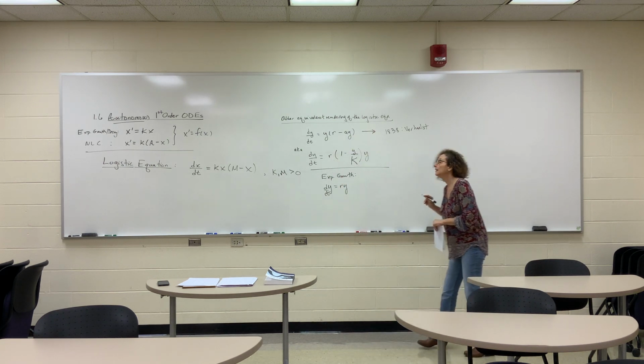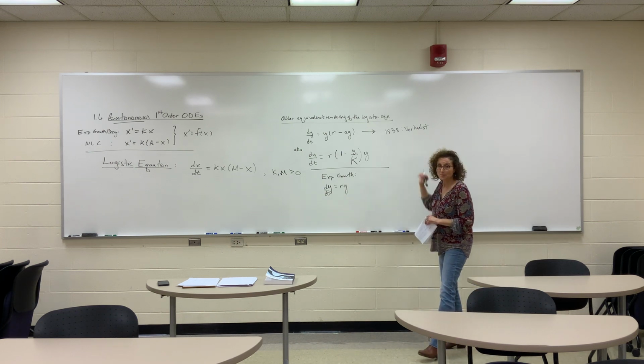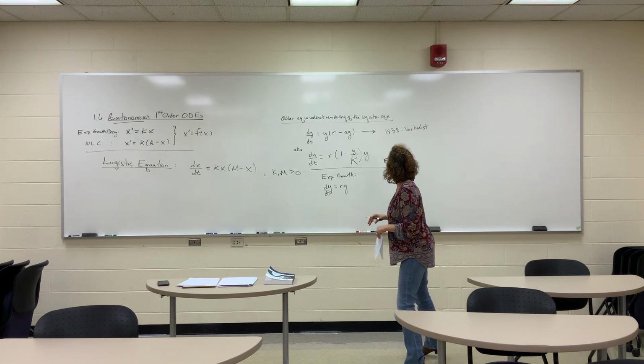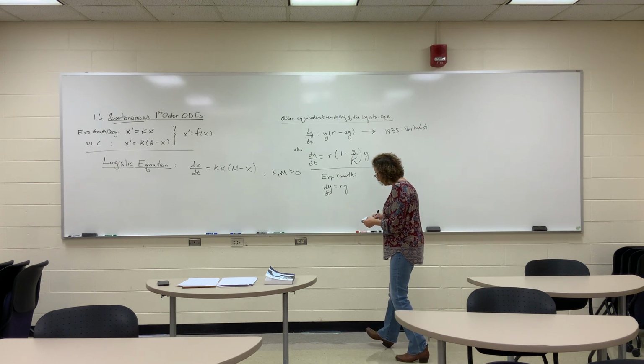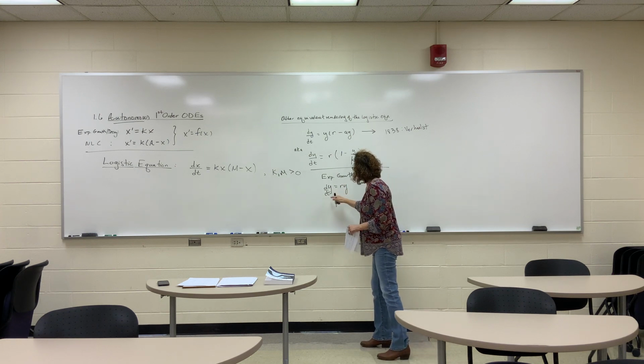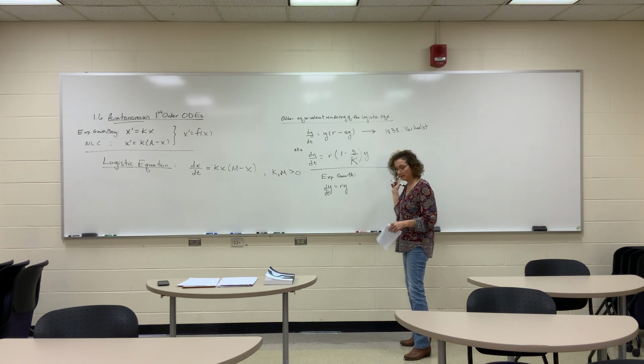You can see a lot more about this in the Boyce and DiPrima reference that's also in the book that we talked about at the beginning of class. So dy/dt is ry, that's exponential growth, and r is a constant.